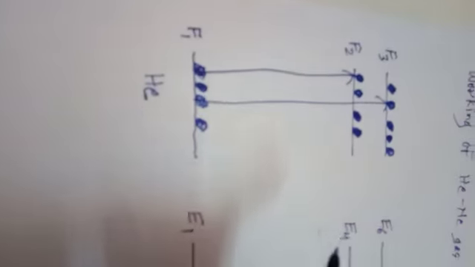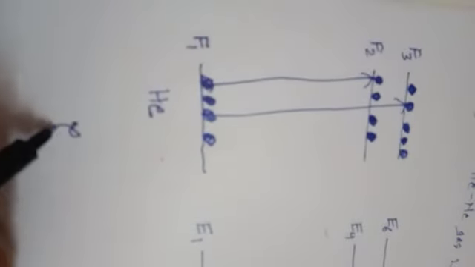So in the beginning atoms were present in the ground state, and now the atoms have come to the metastable states F2 and F3, where they will stay for a longer time, then transfer.